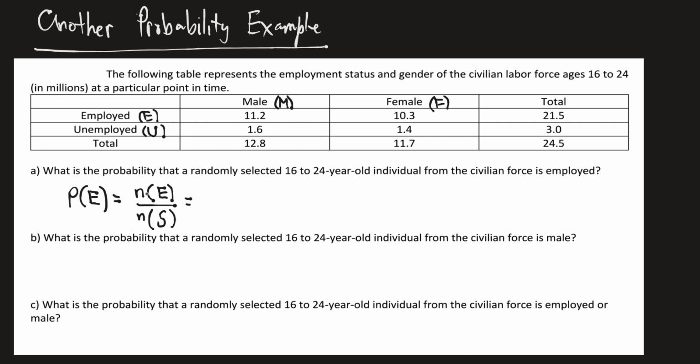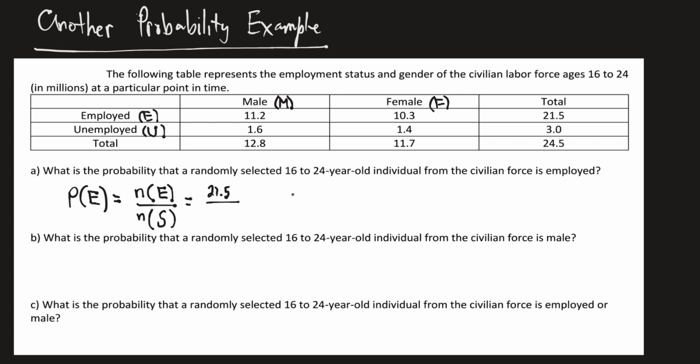The number of elements, excuse me, in the employed set is 21.5. So 21.5. And then the number of elements in our sample space here is the total, right? I like to call this the total of the totals.